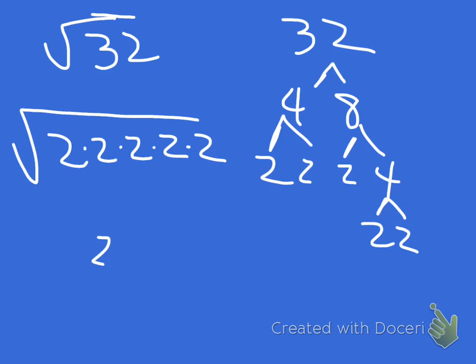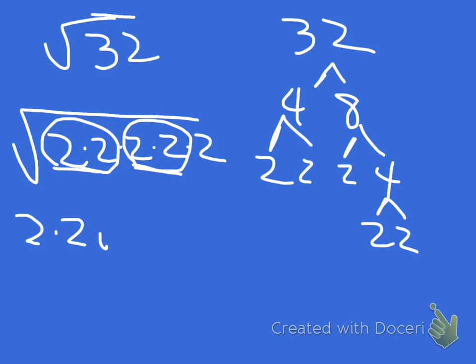Now you could have written it 2 to the 5th power, but I like to see the doubles when I'm doing this. Here's a double and here's a double. So 2 to the 4th on the outside, and this is going to come out as a single, and that's going to come out as a single. So it'd be 2 times 2, and then the square root of 2. And that 2 times 2 becomes 4.